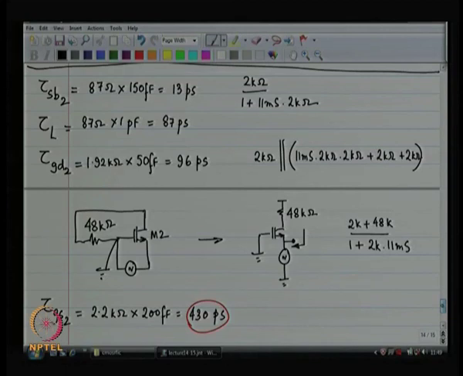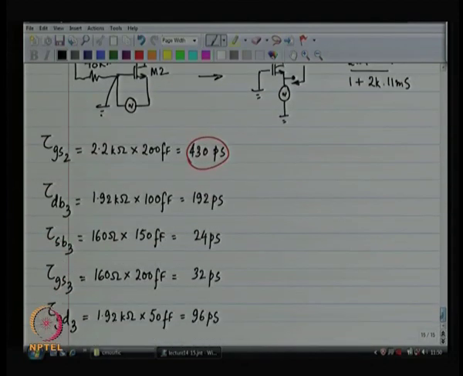I have got 13 picoseconds from source to body of device number 2, 87 picoseconds from the load. I have got 96 picoseconds from gate to drain of device number 2. I have got 430 picoseconds from gate to source of device number 2.